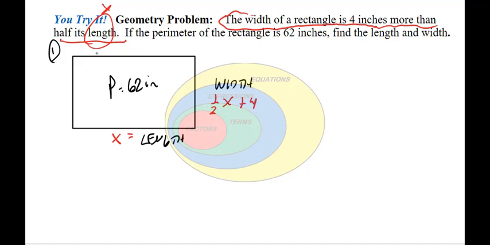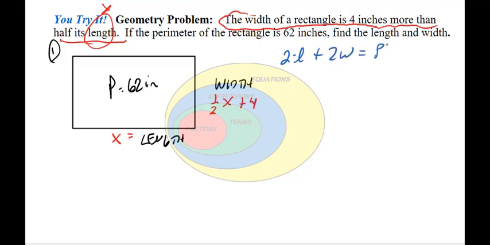That was step 2. Step 3 is to come up with an equation that relates the length and width together. I know the perimeter is 62 inches, and the formula for the perimeter of a rectangle is 2 times the length plus 2 times the width.